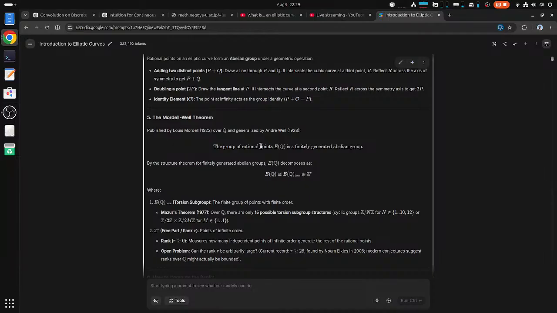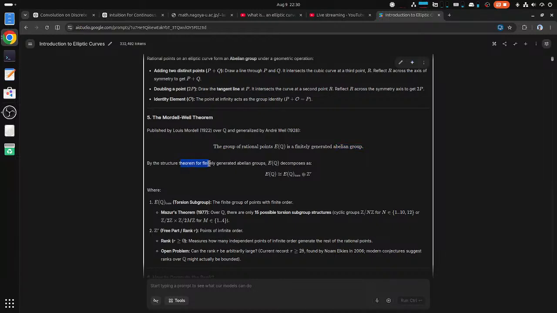I understand some parts of it, but don't understand the whole thing. Okay, so finitely generated. It's confusing, but other than that, the group of rational points is finitely generated abelian.